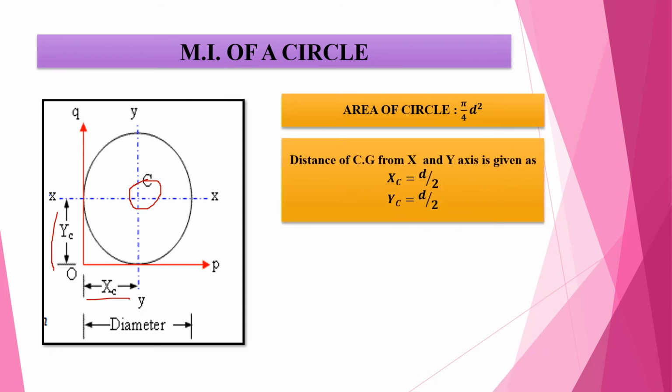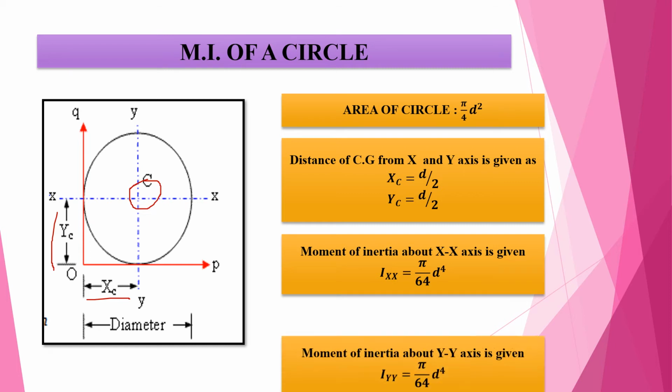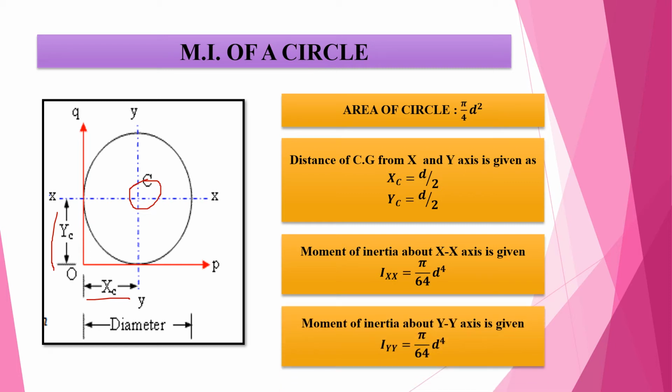The distance of the CG from the x and y axes is x equals d by 2, y equals d by 2. Then the moment of inertia for a circle about the x-x axis is Ixx equals pi by 64 d to the power 4, and about the y-y axis is Iyy equals pi by 64 d to the power 4.